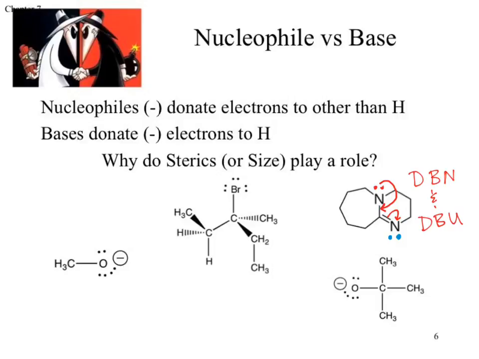Can you repeat why this one is more basic? Look at the resonance structures. When you look at your resonance structures, there is only one option to move electrons, and that's exactly what's being shown. So if we take a look at our red lone pair, we can move those electrons into the structure. If they move into the structure, can they react with a hydrogen?